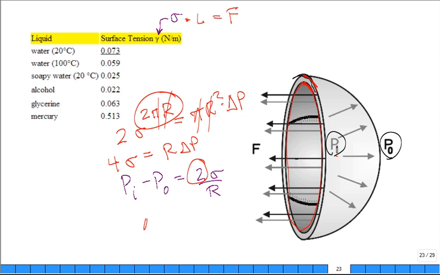Hence, delta P is equal to... I just messed up something. 2 pi R squared delta P, 2 sigma.